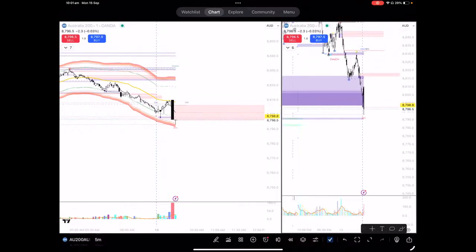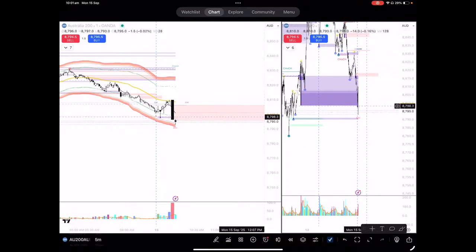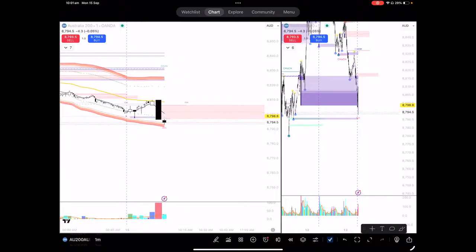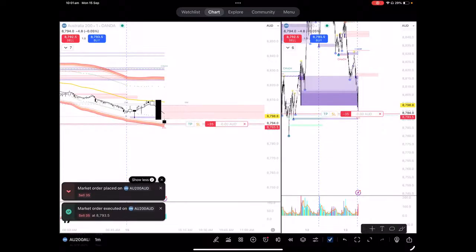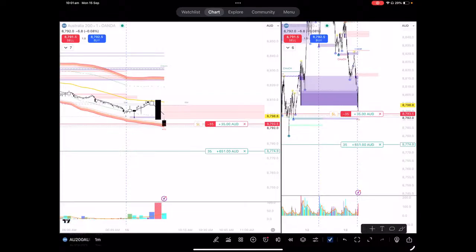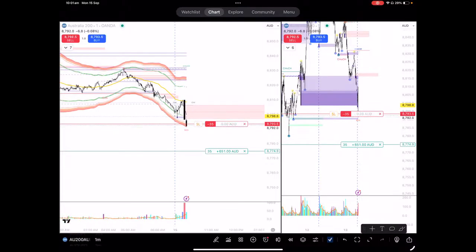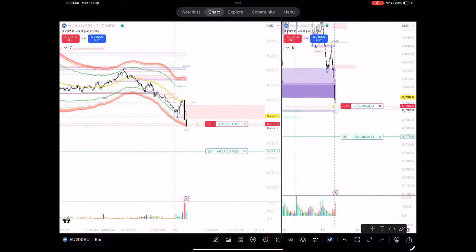So if I look at it, confirm with this is my maximum stop loss.